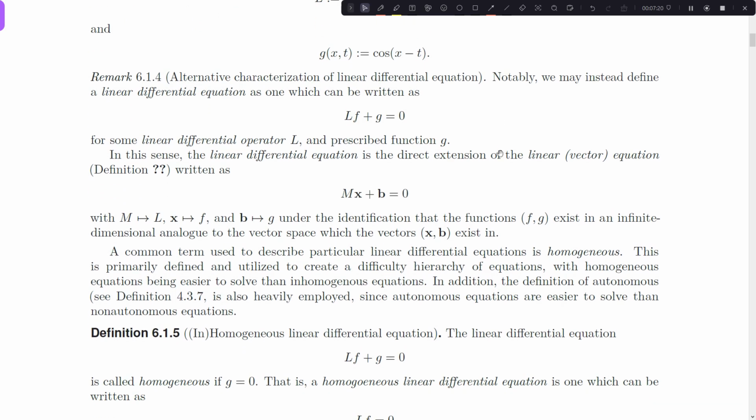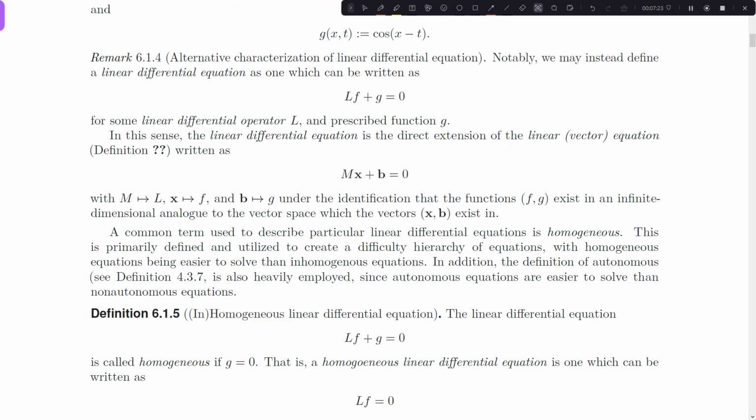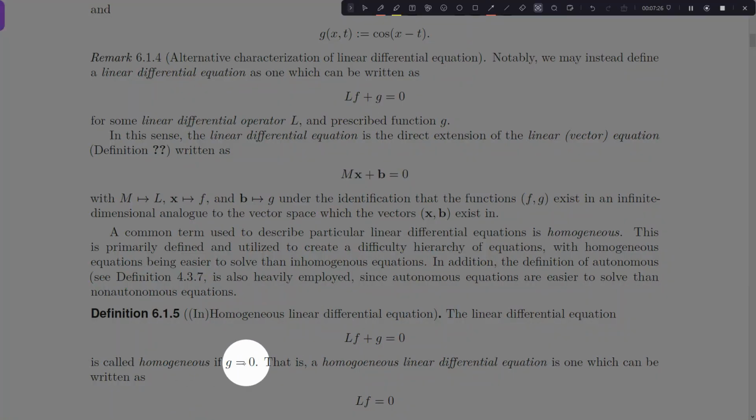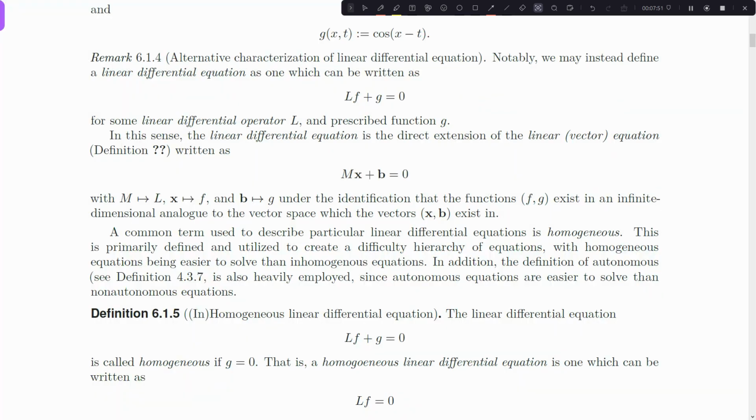A homogeneous differential equation is a linear differential equation if g is 0. So I have some generic linear differential equation: a linear differential operator on my unknown, and an additive function. If that additive function is 0, we call it homogeneous. So homogeneous linear differential equations are those that are written as a linear differential operator L on my unknown equals 0.